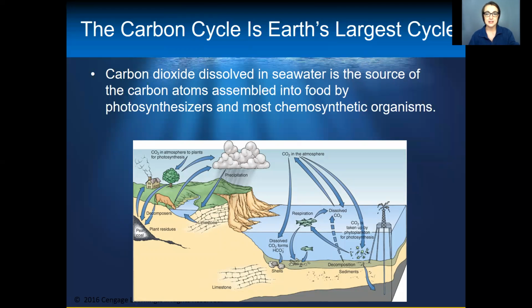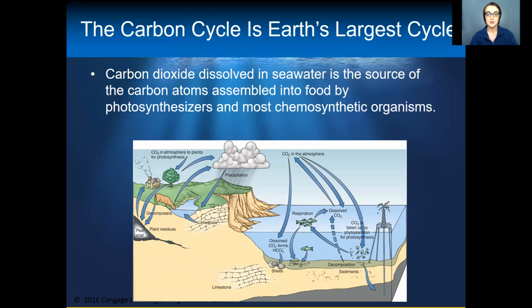So like I said, the carbon cycle is going to be the Earth's largest cycle, even more so than our water cycle. Carbon dioxide is dissolved into seawater. It is the source of carbon atoms that is going to be assembled into food. So whenever we have any kind of photosynthesizer or chemosynthesizer, the carbon is used to assemble that food into the energy that it releases whenever it's consumed by the consumer.